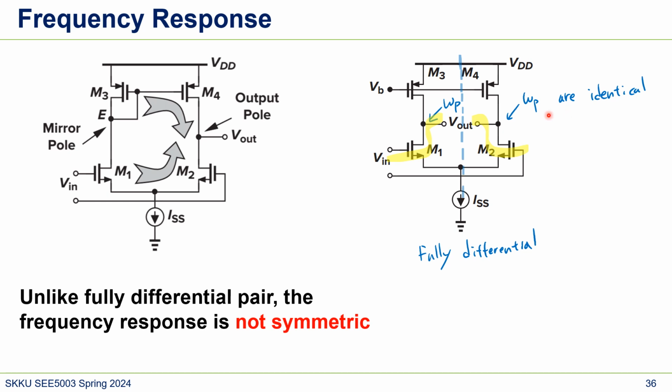That's why only a single pole existed at the output. But unlike the differential pair, the frequency response of this single-ended amplifier is not symmetric, so we will have different poles. The output pole and the mirror pole are different, so we have to consider these 2 poles.